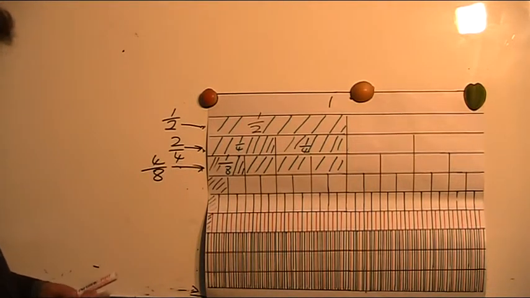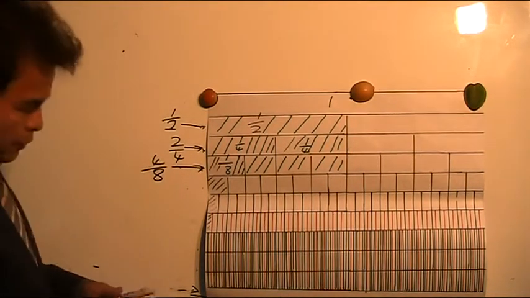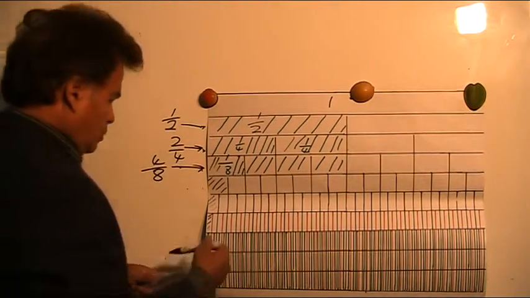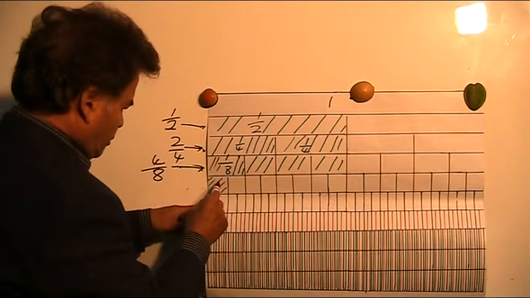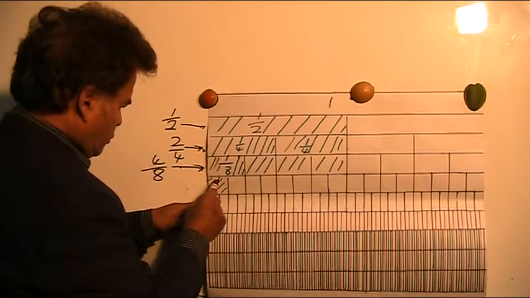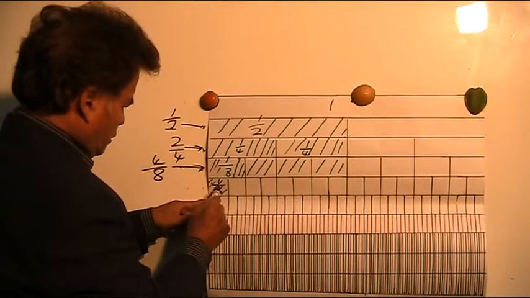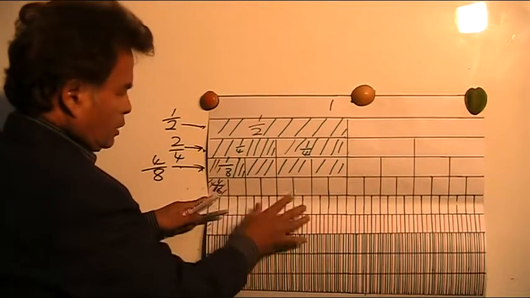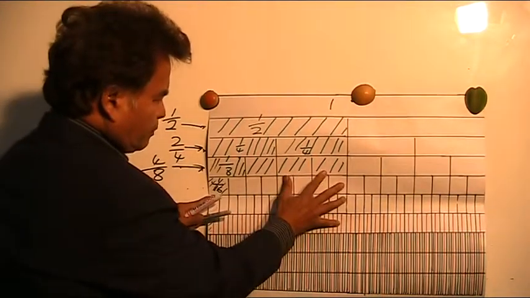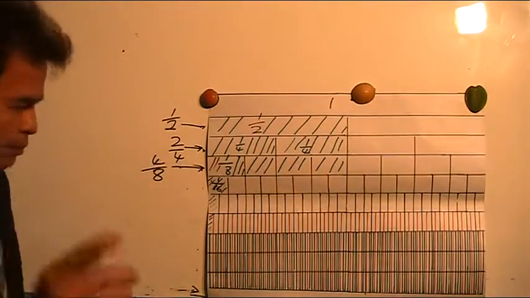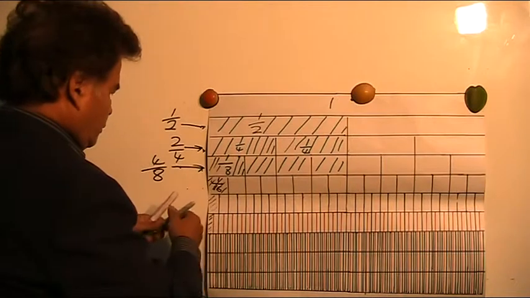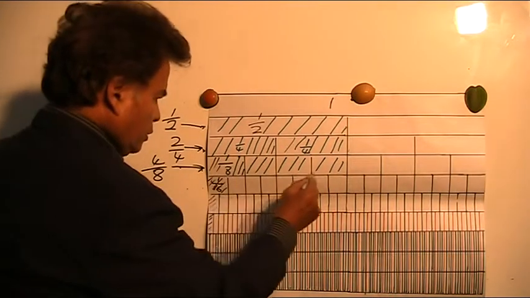Now, I want you to do it yourself. Yang lain, yang nak kamu buat sendiri. Kamu tahu ini, kalau sini 1/16 is 1/16. Okay? The smallest part is 1/16. Now, I want you to describe the fraction from here to here.